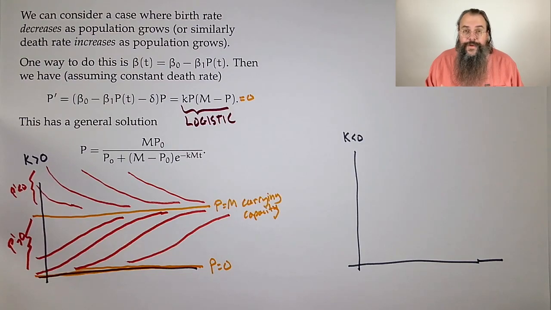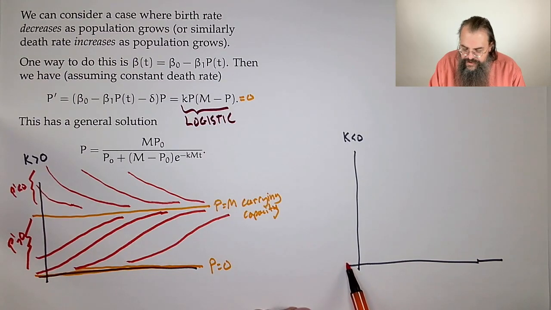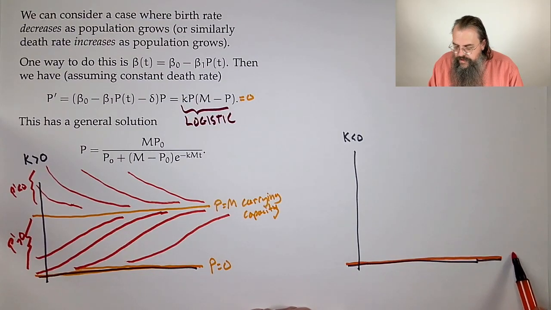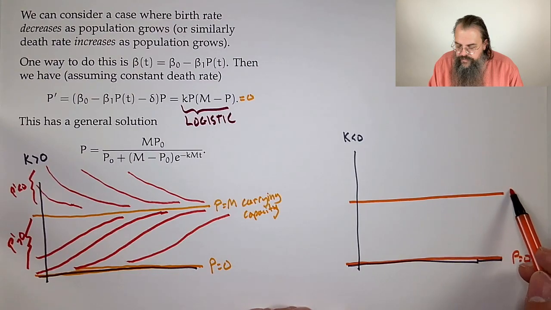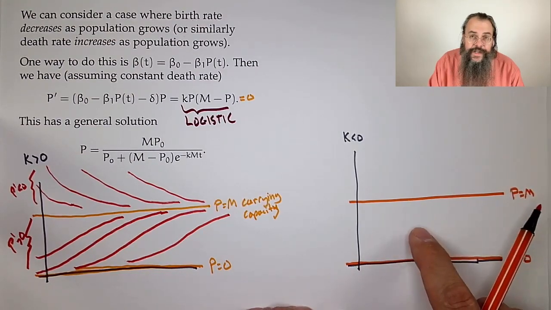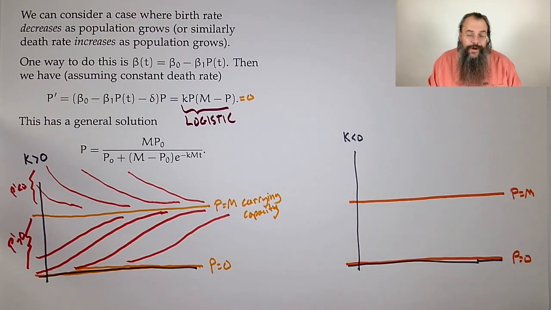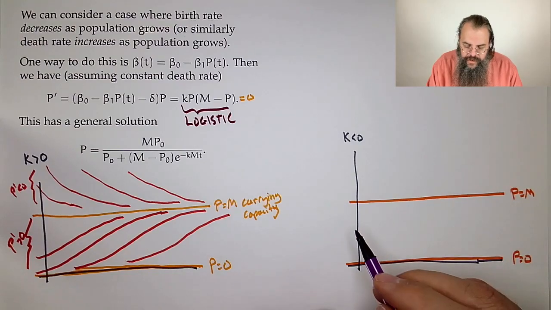And we still have the same answers. So we say, okay, well, there's these interesting cases, namely when the population equals 0 or when the population equals M. And I'm not going to call this carrying capacity because I want to look at the diagram before I call it anything. And now we say, okay, well, what's happening?